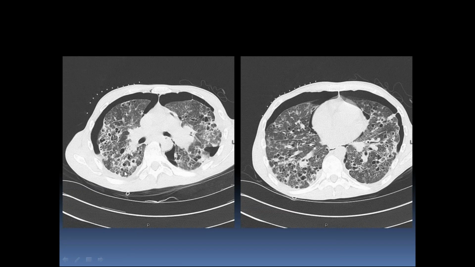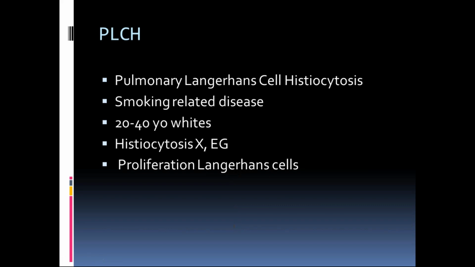You can see there's thickening. They're irregular. There's different shapes to it. And what is this ultimately? This is pulmonary Langerhans cell histiocytosis. This is, again, a smoking-related disease, just like some of the other stuff that I talked about. Now look at the age distribution. This is completely different. The pattern's going to be different.